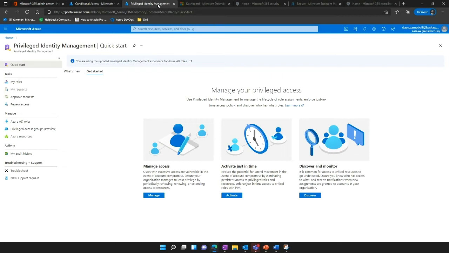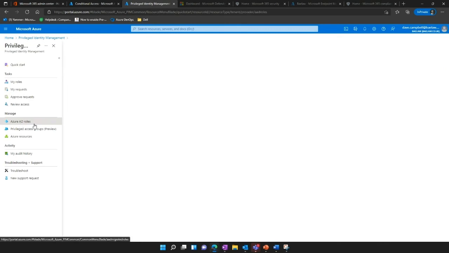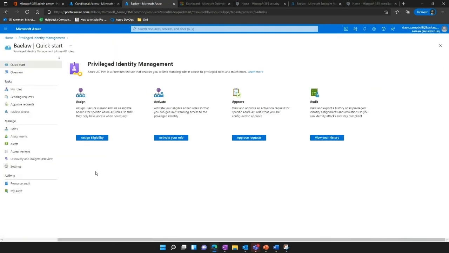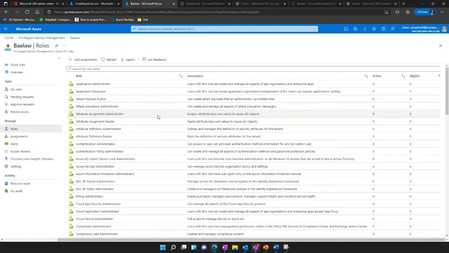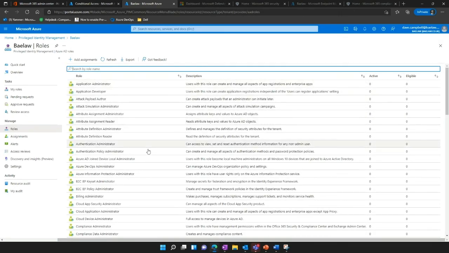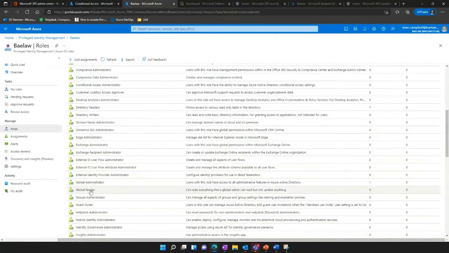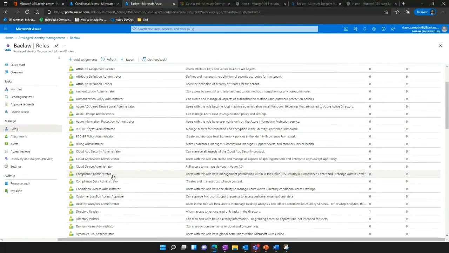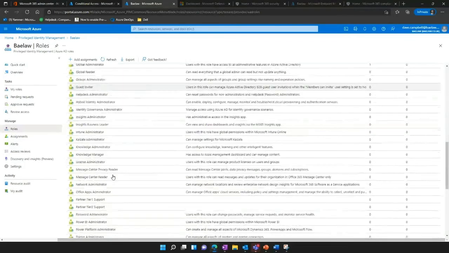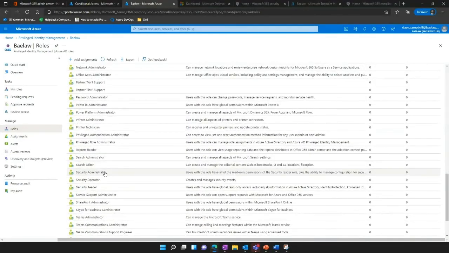And the way that it does it is, you have numerous or all of your Azure Active Directory roles here. If I just jump into roles, you can see that we've got all of the roles here: global administrator, global reader, exchange service admin, exchange administrator, security admin. So all of the really big roles can be protected by this.